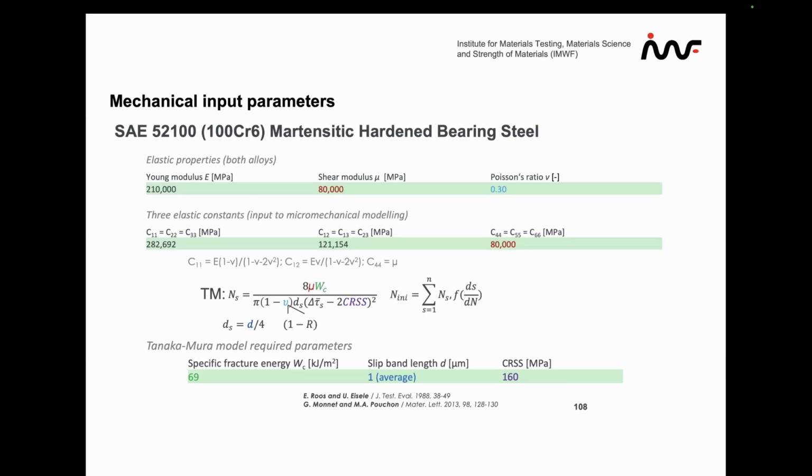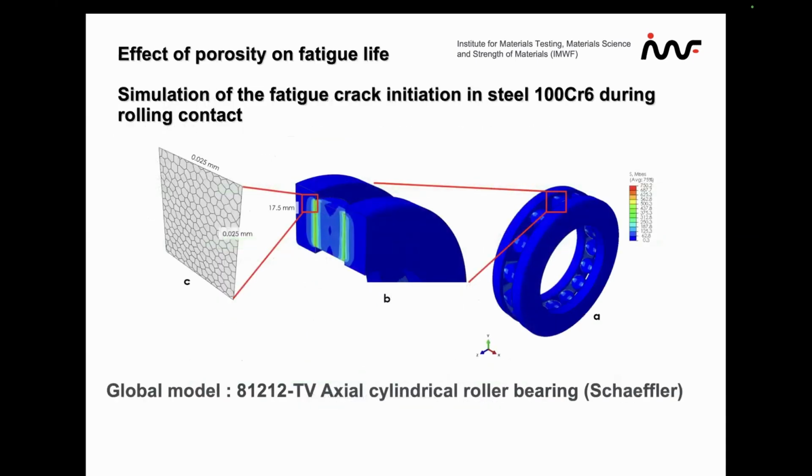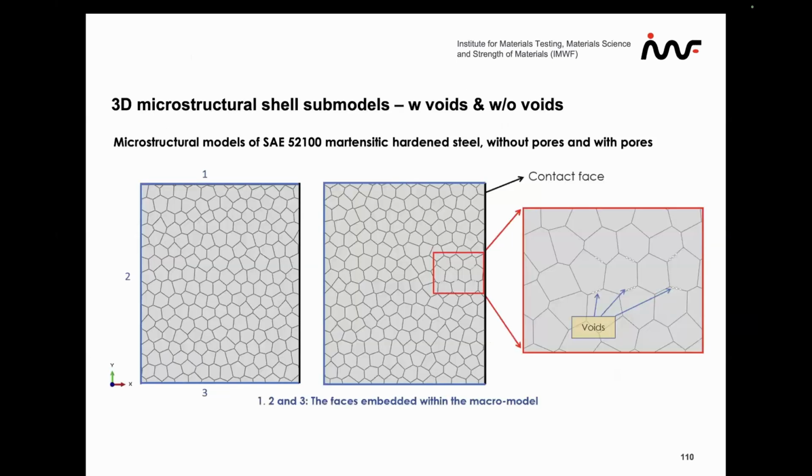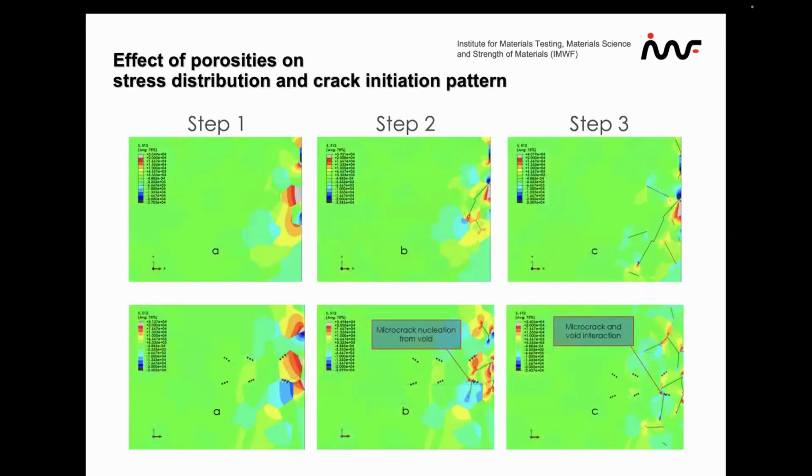The parameters for the Tanaka-Mura model are very well known or given in literature. Here is the modeling approach of the component with the microstructure. And if you introduce a few pores, you can do some modeling studies. The upper row is without, the lower row with these black voids. We see basically no big difference just by looking with the naked eye.